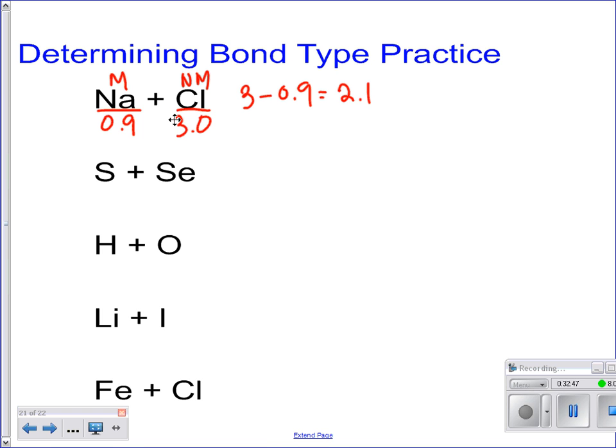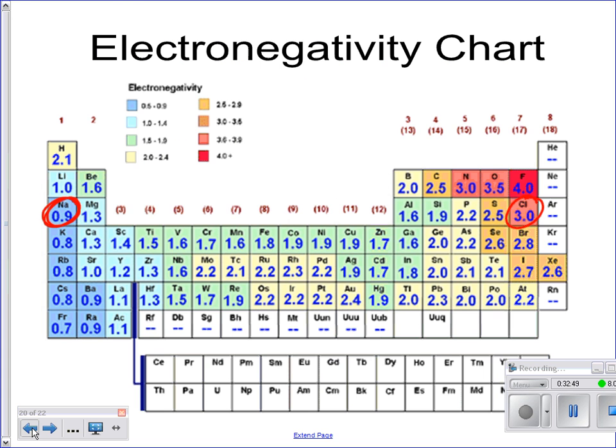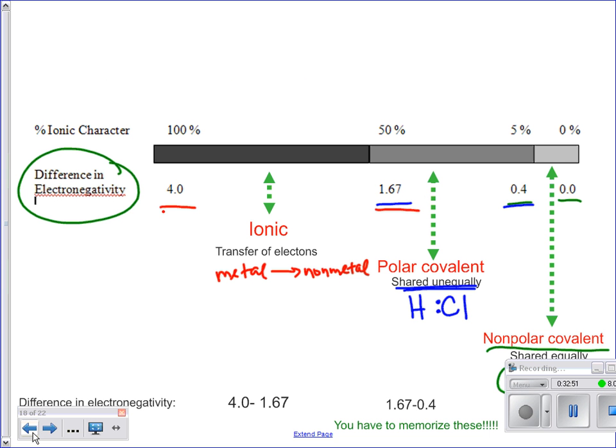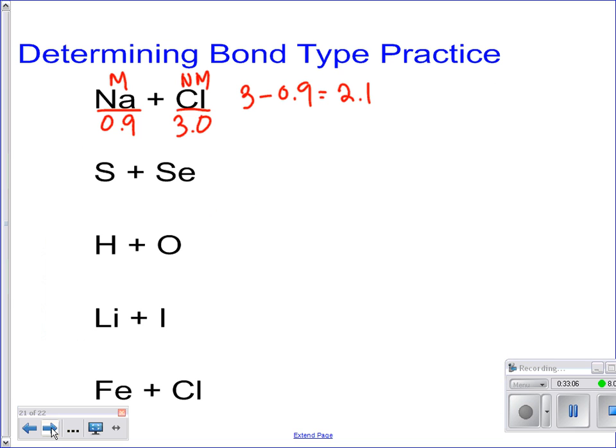Now I'm going to look at this range back here. I know that 2.1 falls in the category of 1.67 to 4, so therefore, yes, I was correct. This forms an ionic bond. And that's how you're going to be doing every single one of them.